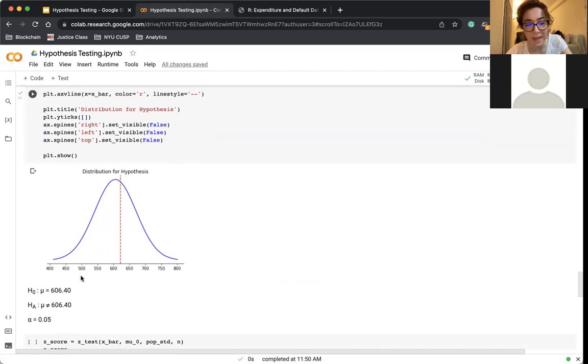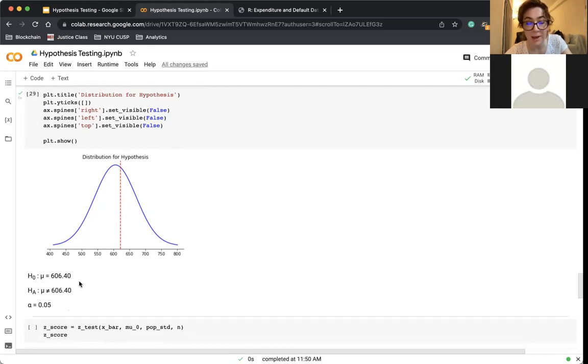So even if we had the average of 605, that's pretty close to this threshold of the mean we'd expect. But if we saw something all the way at 750, this is far enough from the mean to actually be in the tails, to be considered extreme, that we wouldn't expect to see that value.